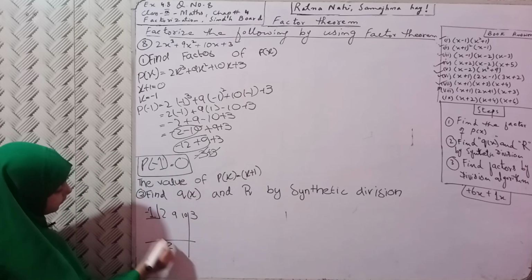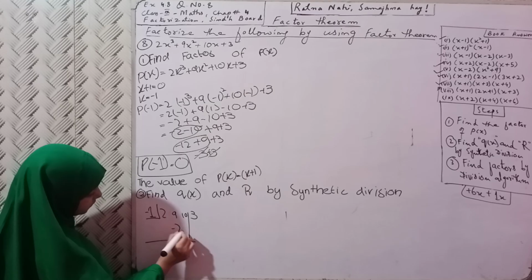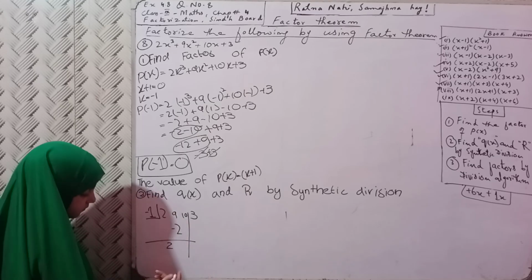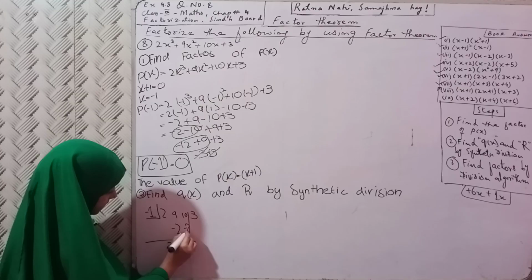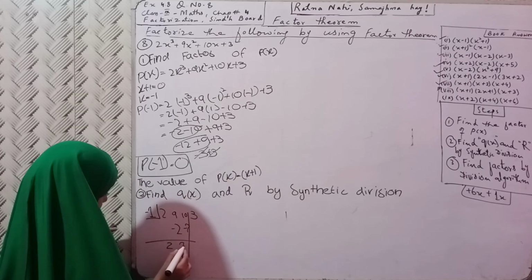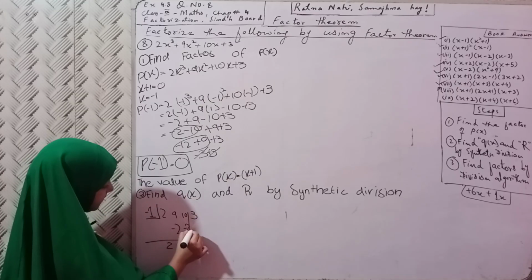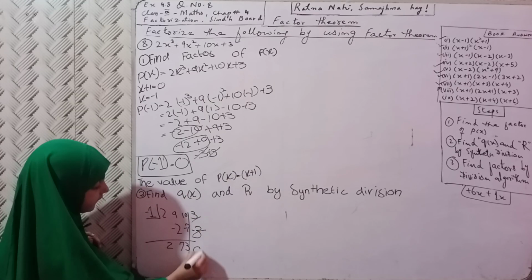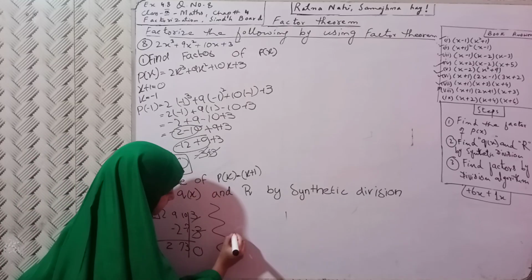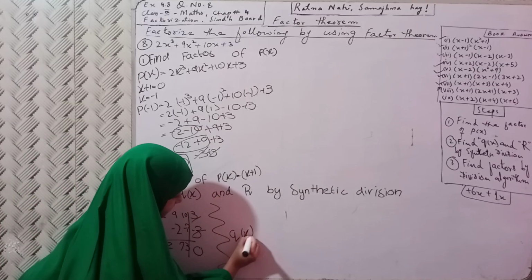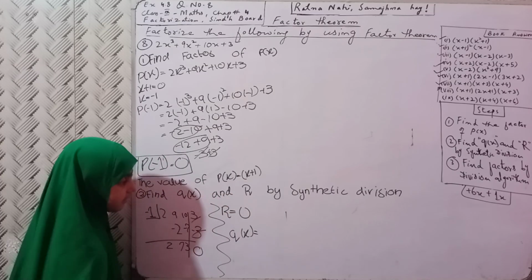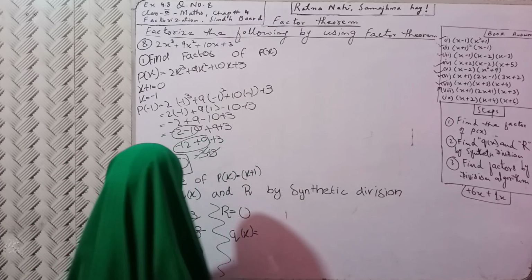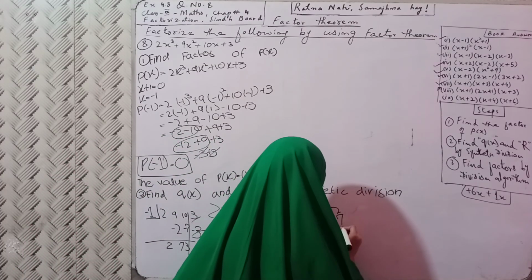Okay, 2. Minus times 2 is minus 2; 9 minus 2 is 7. Minus times 7 is minus 7; 10 minus 7 is 3. Minus times 3 is minus 3; 3 minus 3 is 0. So the remainder will be 0, and the quotient coefficients are 2, 7, 3.